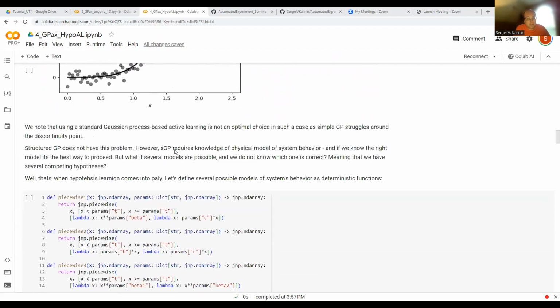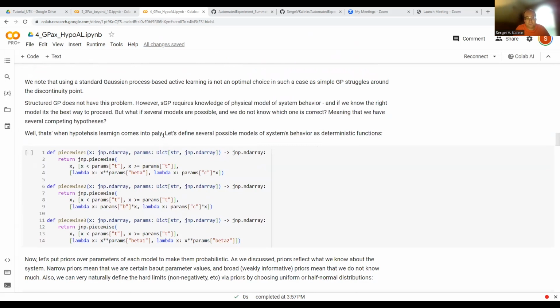Now, let's define our hypotheses. We know that our ground truth is the power function, x power beta 1, x power beta 2. So let's choose three functions that can be possible hypotheses. The first has two parts. To the left of the discontinuity it is x power beta, but on the right it is the linear function, c times x, and of course there is a jump between them.